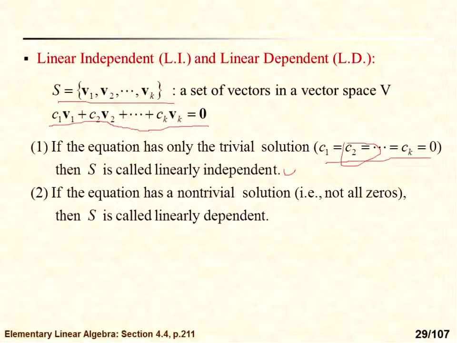And the second thing is, if any one c is not 0, then we say that it is linearly dependent. So the only difference between linear dependent and independent is that in linear independent all the c's are 0, and in linear dependent, if any one c is non-zero, then we say that it is linear dependent.